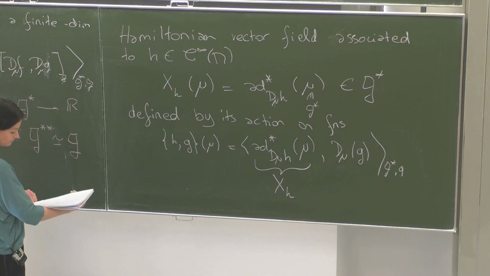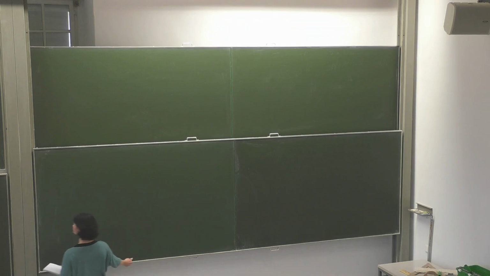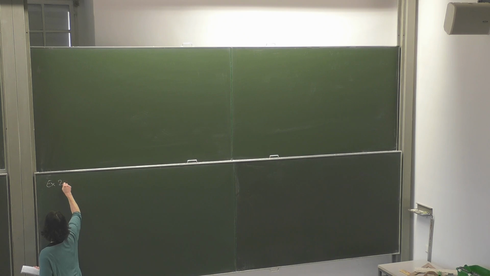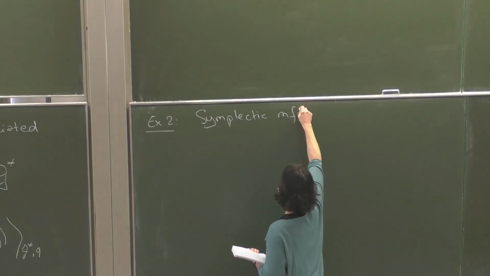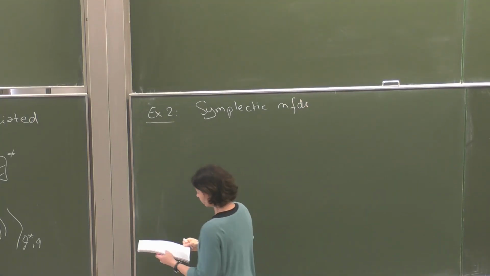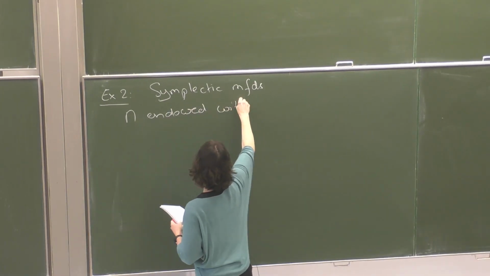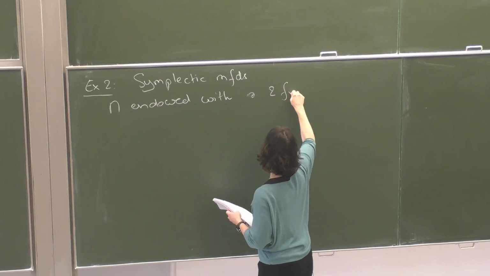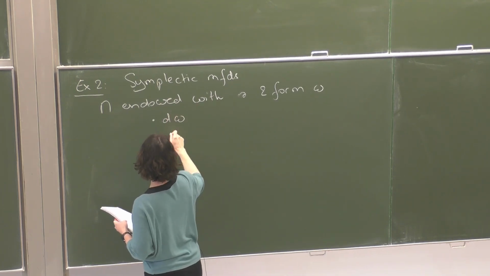Let me go to another example of Poisson manifold, example 2, which are symplectic manifolds. So here M is endowed with a closed 2 form, which is closed and non-degenerate.